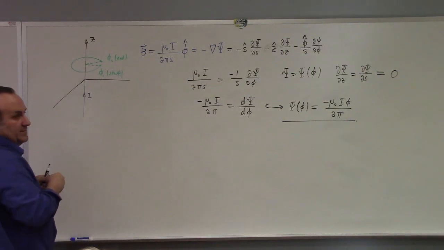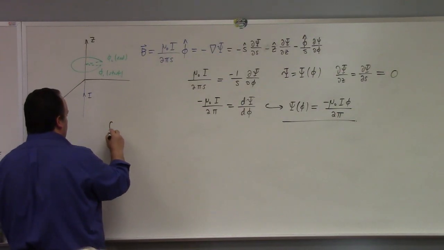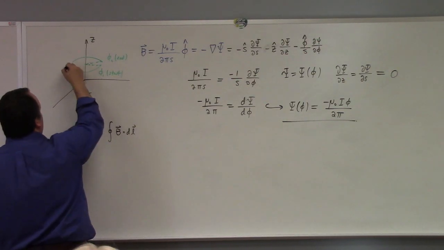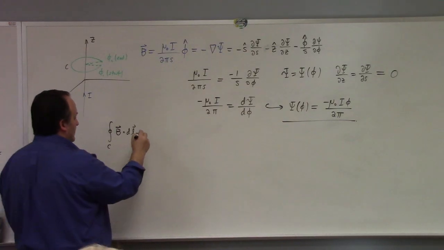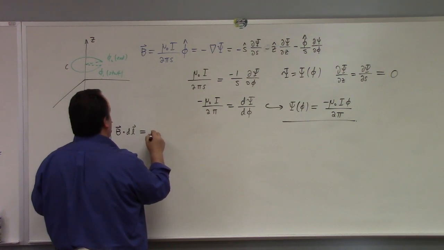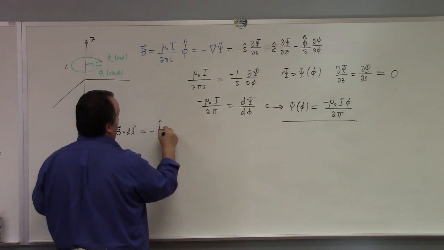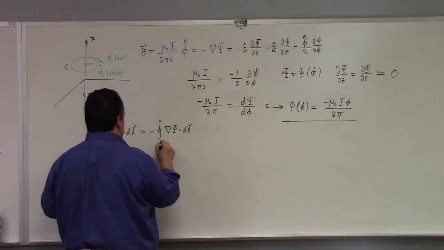And I want to calculate what's the integral of B dot dl along this curve. So it's minus the integral of the gradient of psi dot dl along the curve, right?